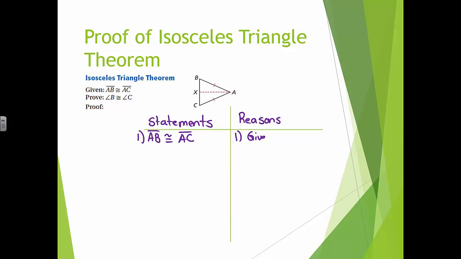That's given. Then 2, we know AX is congruent to itself by the reflexive property of congruence.